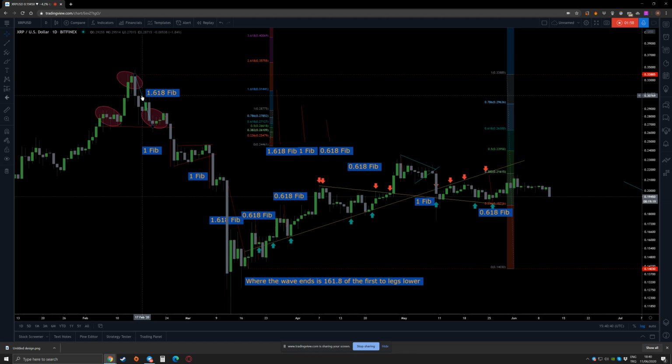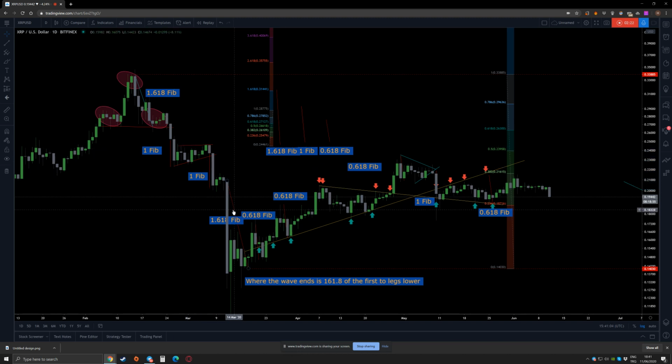If you take this 1 fib and take 161.8, from the head to the neckline is actually 161.8 of this fib. And also from the neckline to this, it's exactly the same.